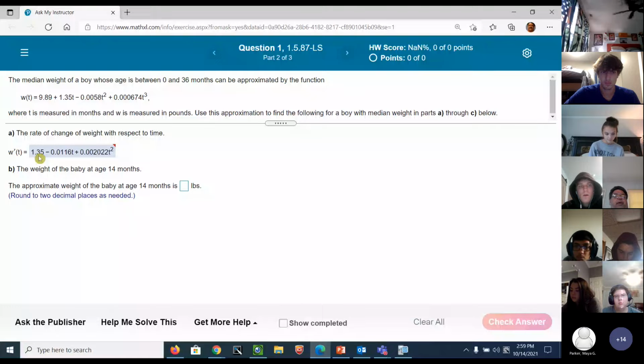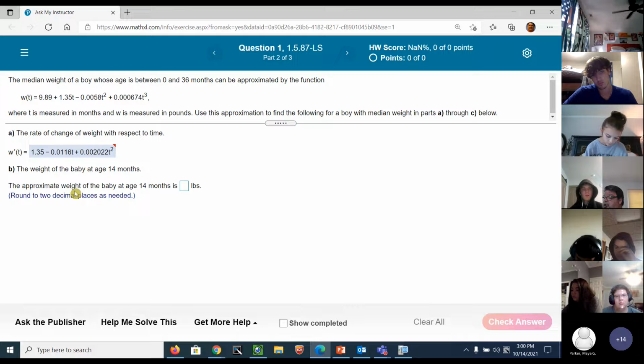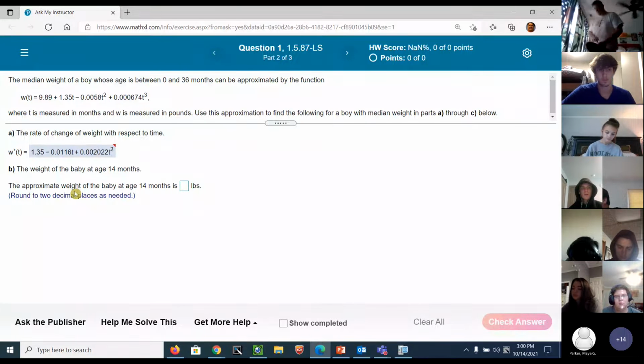Okay, the approximate weight of the baby at age 14 months. So B is going to be W of 14, which is equal to 0.00674 times 14 cubed minus 0.0058 times 14 squared, just bear with me a minute, plus 1.35 times 14 plus 9.89.